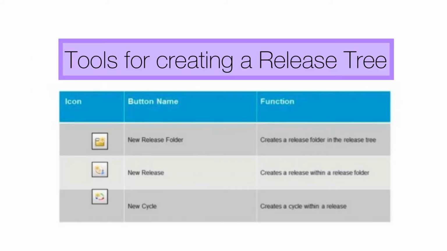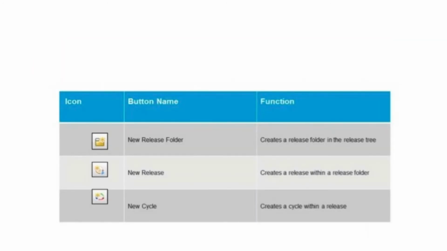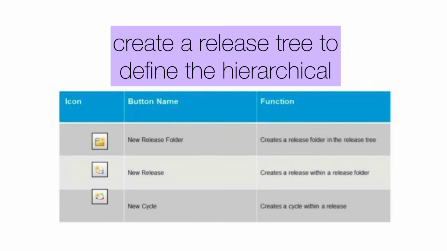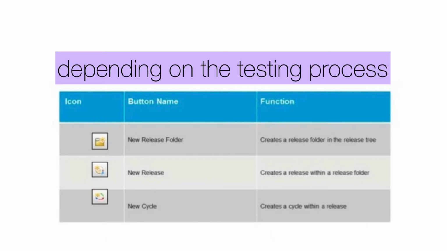Tools for creating a release tree. You can create a release tree to define the hierarchical framework of releases. Depending on the testing process followed in an organization, you might create one release folder per application or a single release folder for multiple applications.